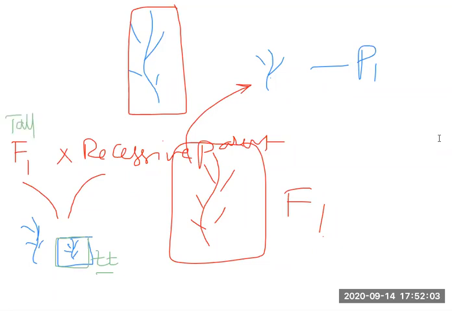Whatever two genes are present in the recessive individual, one was obtained from the recessive parent and the other from the F1 parent. That means they have small t. To be tall, at least they should have one capital T. So I declared it heterozygous. This is the technical explanation for this.